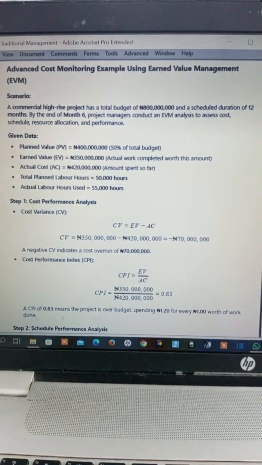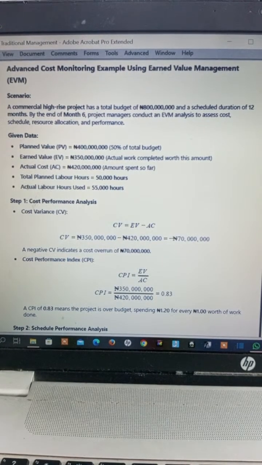All right. So a commercial high-rise project has a total budget of 800 million and a scheduled duration of 12 months. By the end of month 6, the project managers conduct an earned value management analysis to assess the cost, schedule, and resource allocation.